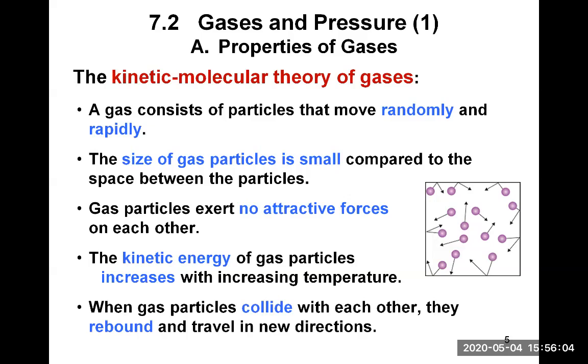When gas particles collide with each other, they rebound and travel in new directions, a bit like billiard balls when they hit the edge of the table: they bounce and move in a new direction. Gas particles do that with the walls of the container they are in.